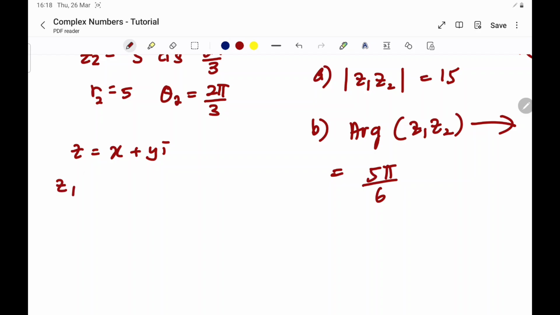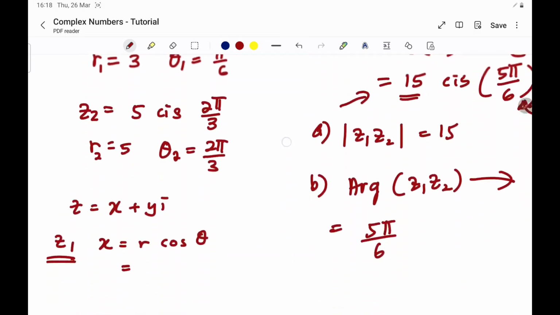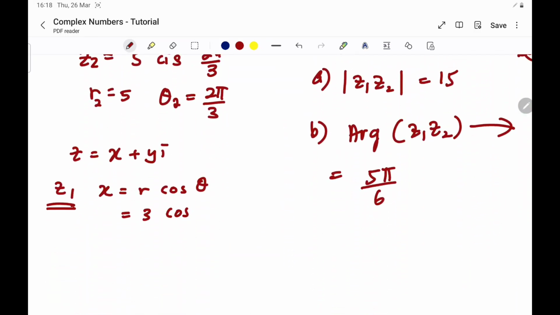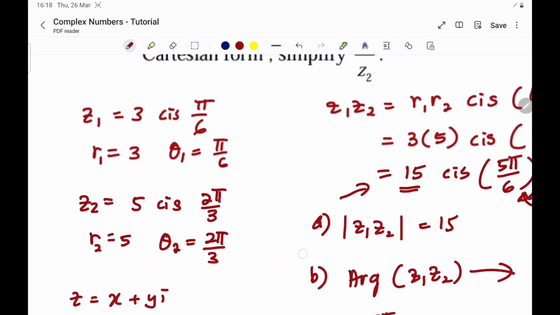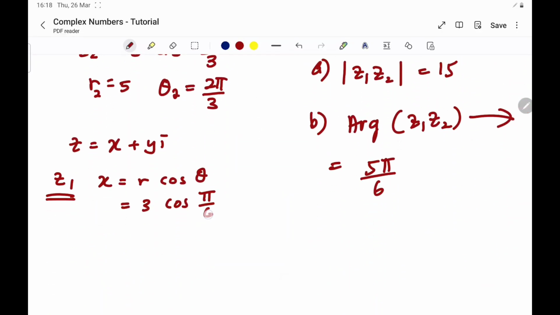Now for z1, we have to find x first, which is x equal to r cos theta. We already have r for z1, which is 3, times cos of pi over 6.